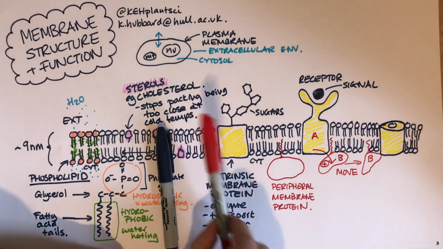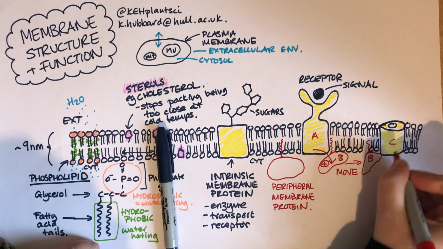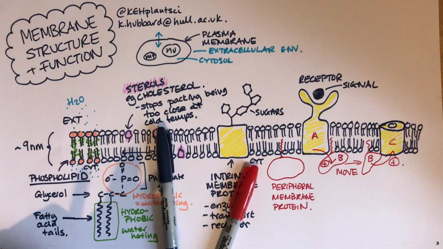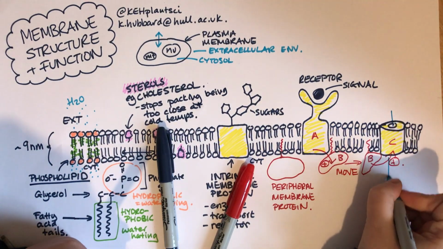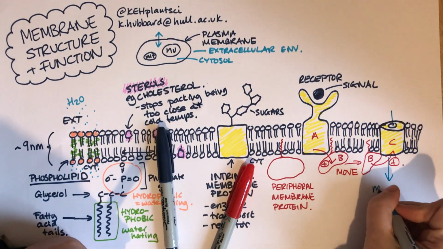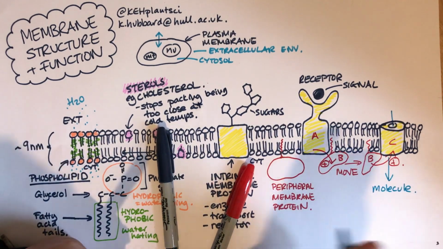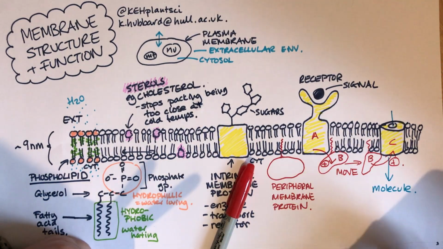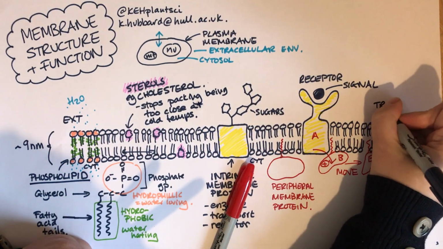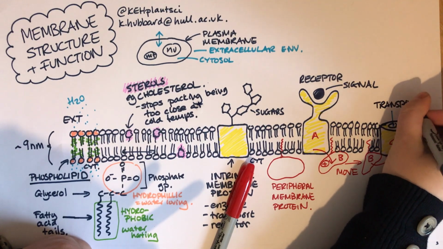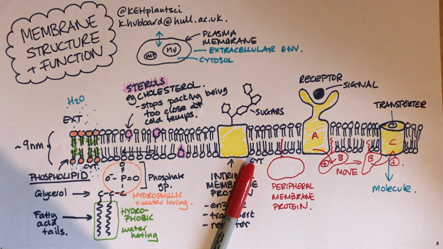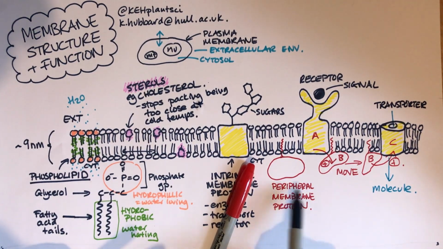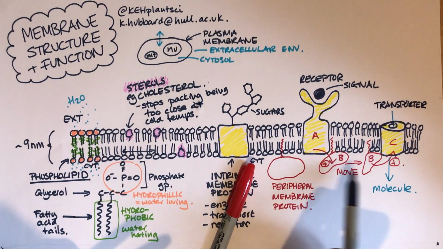Our peripheral protein might move to activate protein C, and protein C might be a transport protein to let some new molecule inside the cell. So A is a receptor, B is a signalling protein, and C is a transporter. We can start to see that these proteins interact with each other. They can move, particularly these peripheral membrane proteins are really good at moving along the membrane.